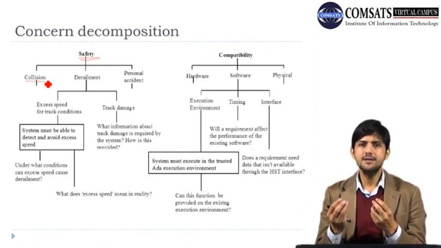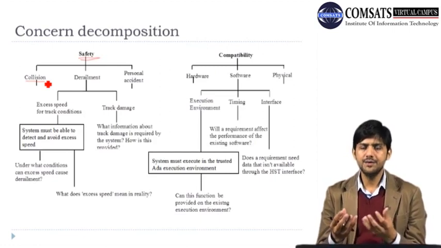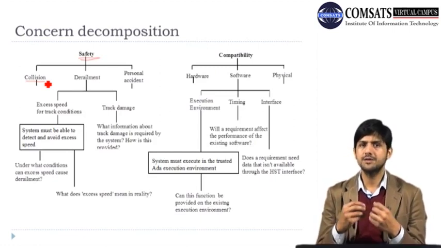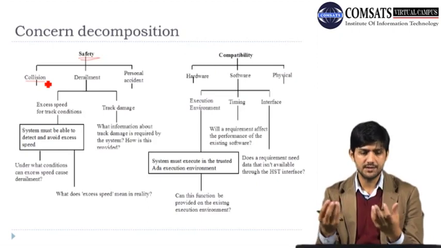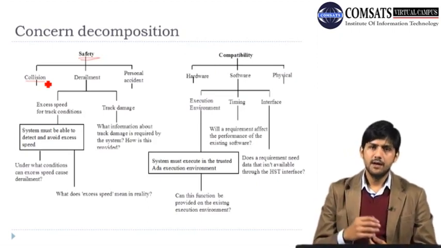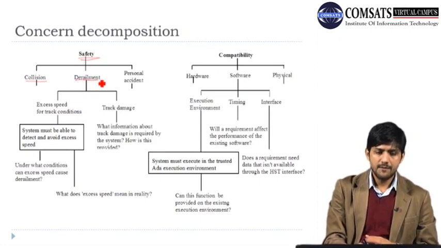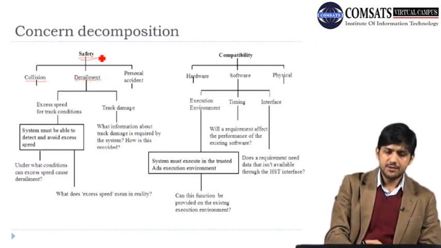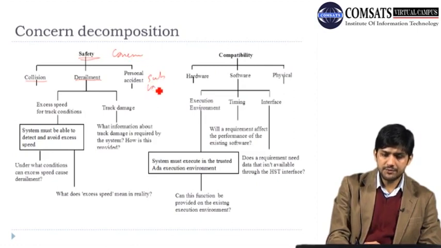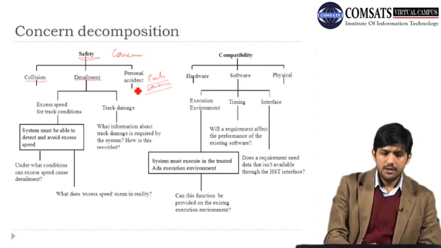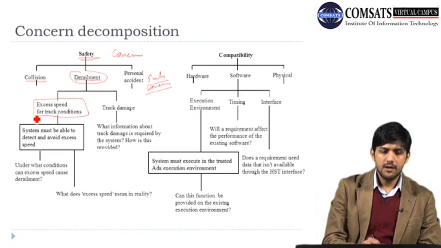So how do we try to figure out and prioritize them, and how do we identify the questions out of these concerns? For example, if we look at this derailment sub-concern, this is our main concern, and these are the sub-concerns. So how can this derailment happen? Excess speed for track conditions.